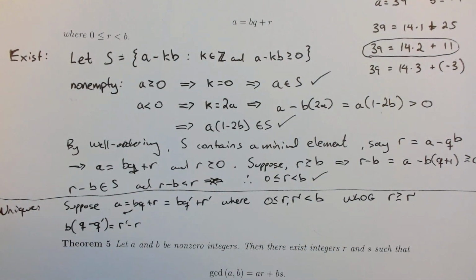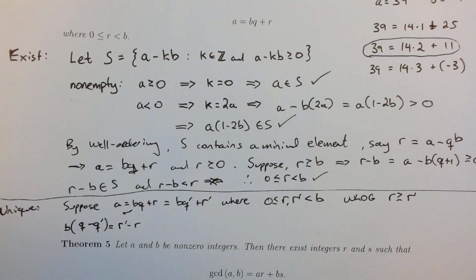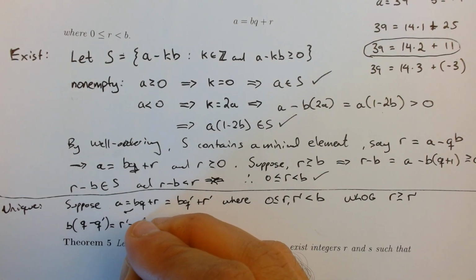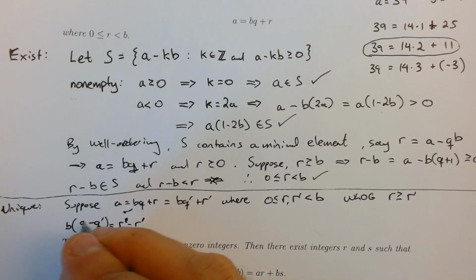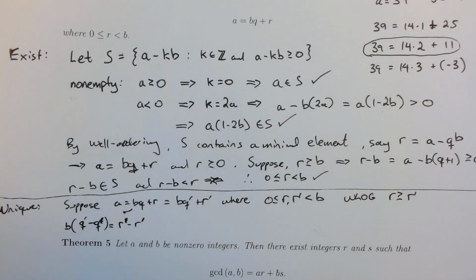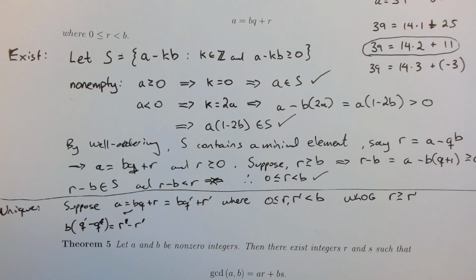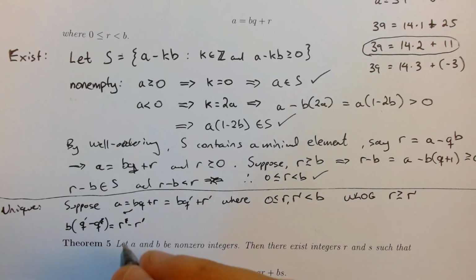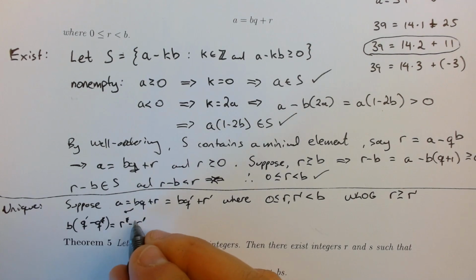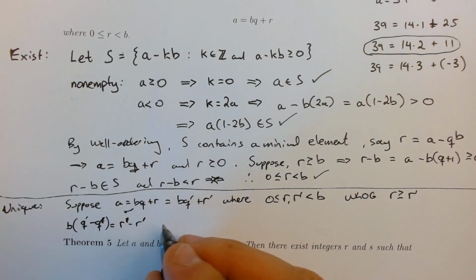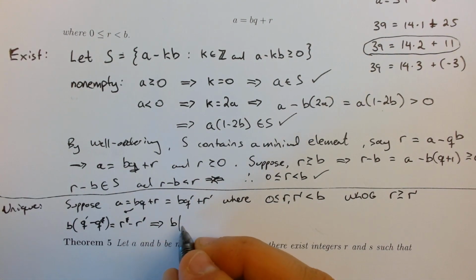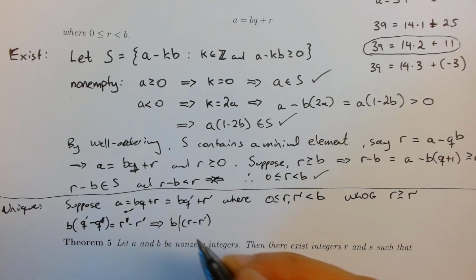I suppose it doesn't matter. Yeah, we want this to happen, so I'll put this in this order and just switch this order. It's just a difference of a negative sign. But we want this to be a positive number for our argument. So we do have b times something as r minus r prime. So b divides r minus r prime.